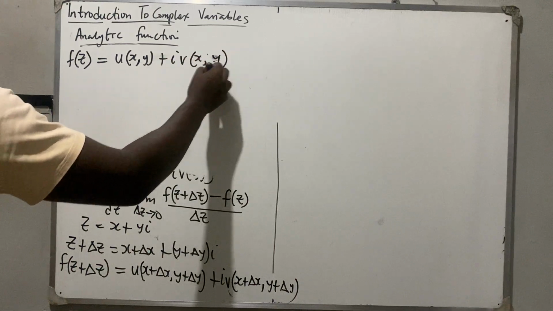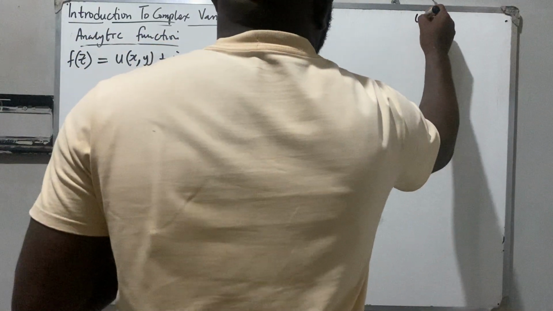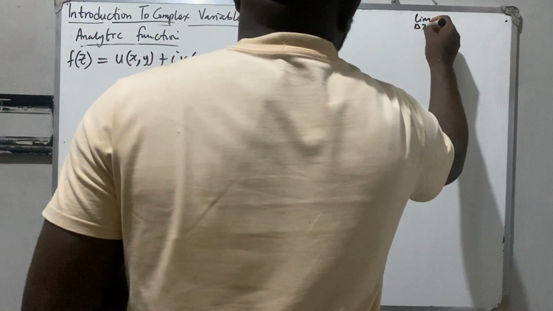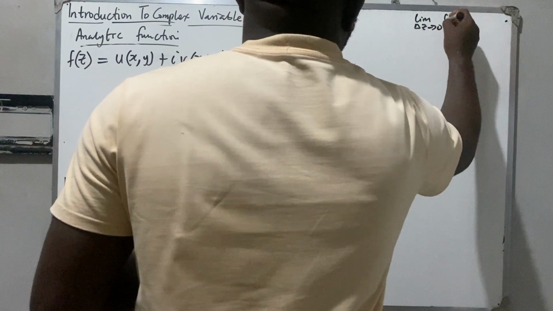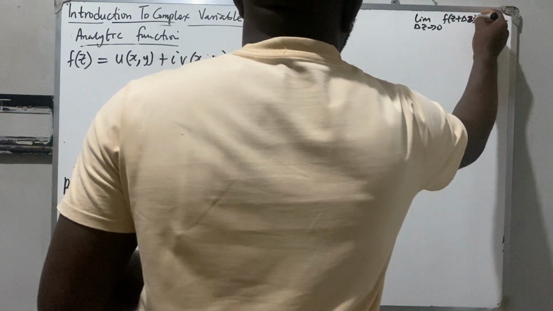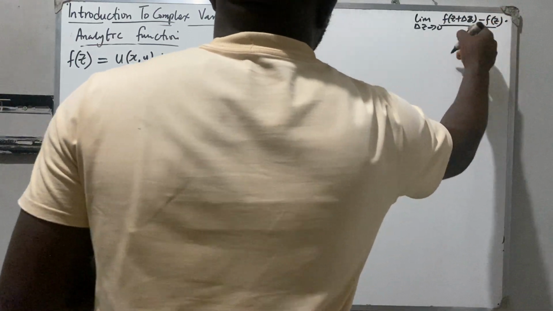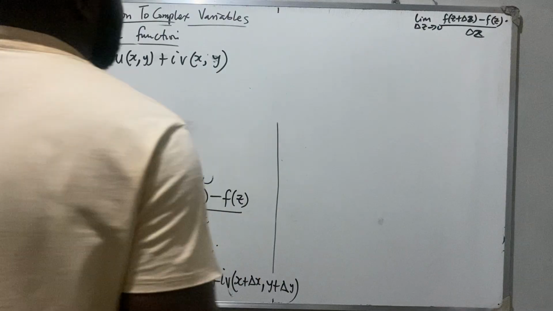Remember that what we have in mind is to get the limit as delta z approaches 0 of f of z plus delta z minus f of z all over delta z.